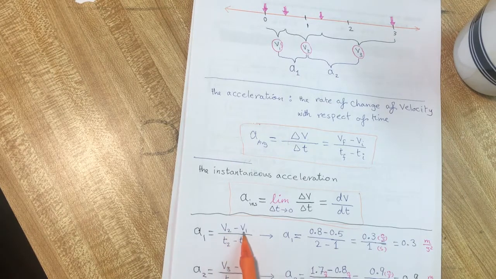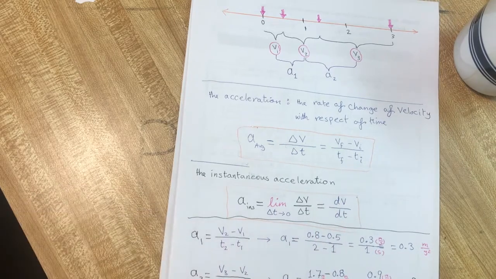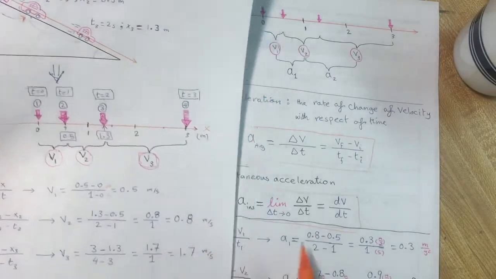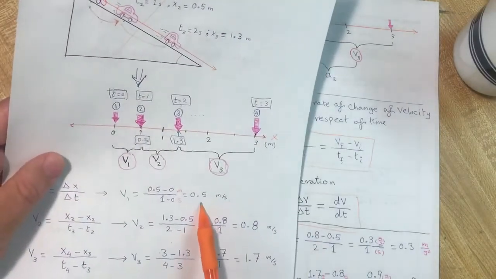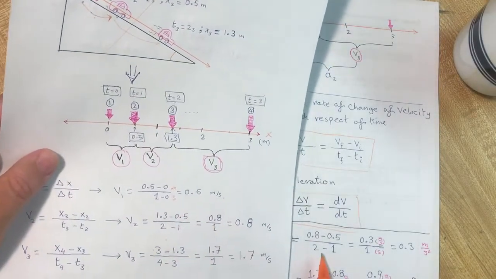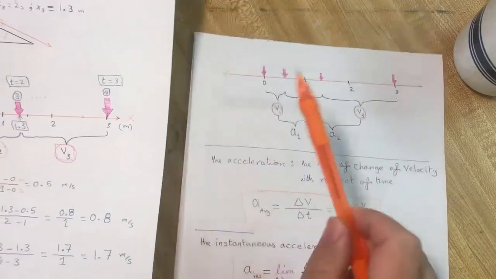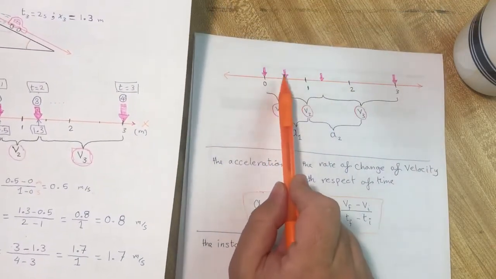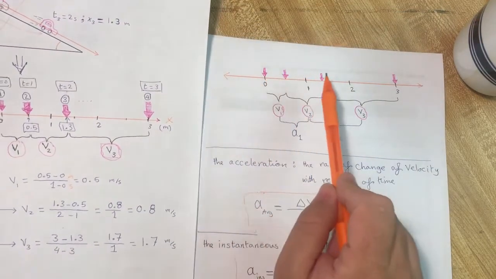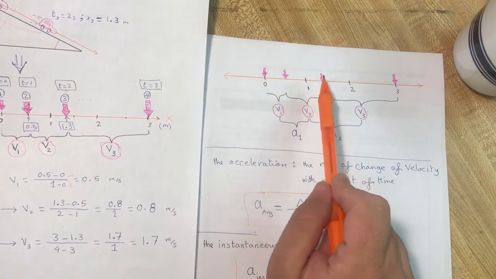So v2 minus v1. We computed v2 as 0.8, minus v1 at 0.5, over the time period. The first period is from 0 to 1, the second period from 1 to 2.